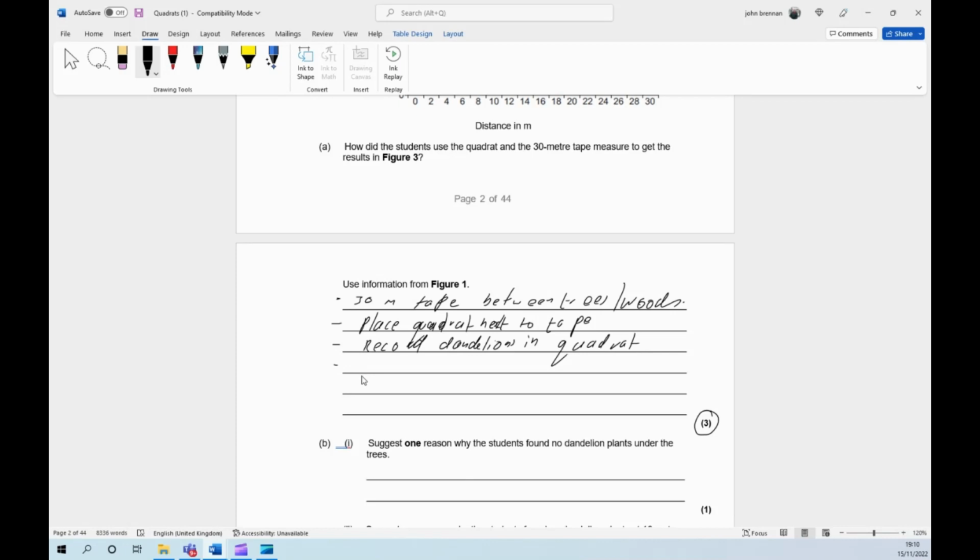And they are also taking measurements. They're repeating their measurements every 2 meters. So repeat the process every 2 meters. And each one of these is actually worth a mark up to a maximum of 3.